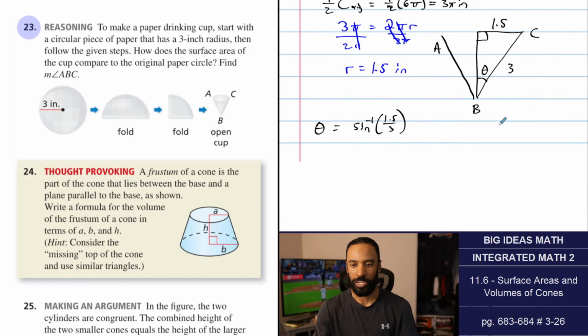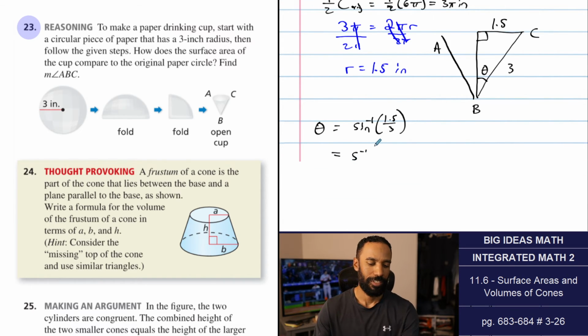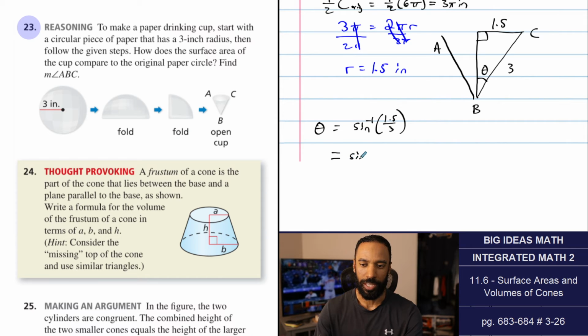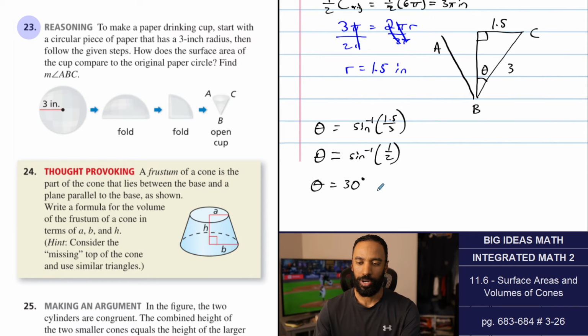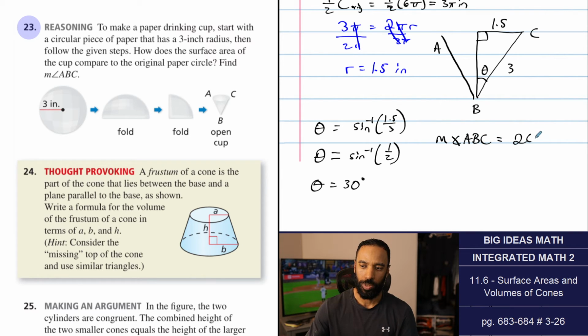This is a 30-60-90 triangle. So that number is going to be 30. Inverse sine of 1/2 is 30 degrees. So if theta is 30 degrees, the measure of angle ABC will be double that. Measure of angle ABC is 2 of those thetas, so 2 times 30, which is 60 degrees.